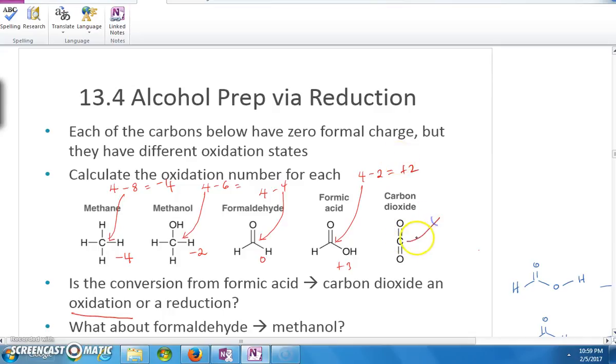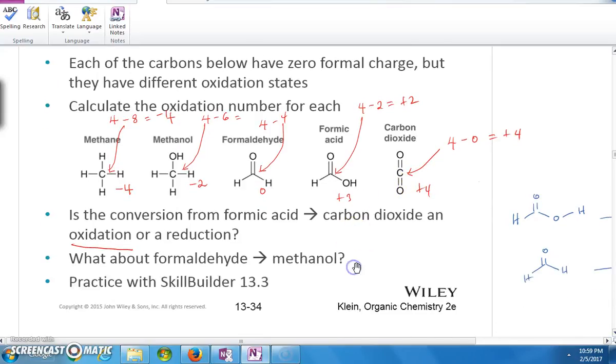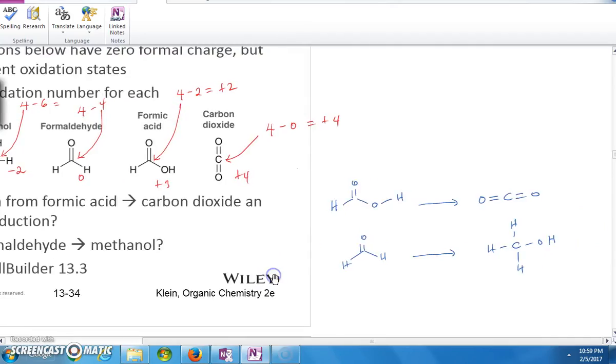Here you can see again that carbon has 4, and because the carbon is going to lose all the electrons, you're going to have 0, and so it's going to be +4. So the oxidation number of carbon here is +4. Now, if you look at the conversion of formic acid to carbon dioxide, we can see it's an oxidation. The reason, again, is because look at this here. This is 4 minus 2, which is equal to +2, because remember, the hydrogen gives the 2 electrons to the carbon.